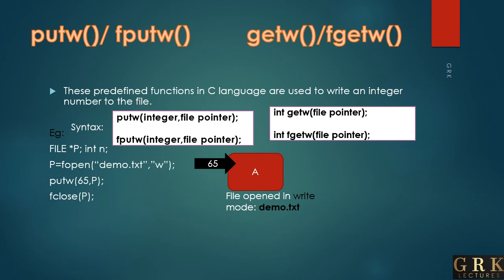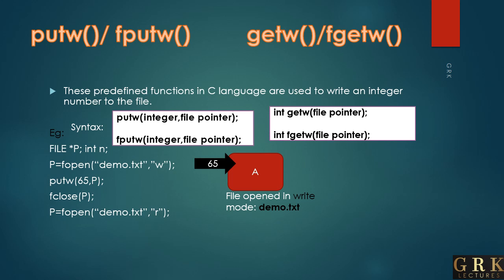The capital A ASCII value is 65, so that 65 will be converted into capital A, and capital A will be stored in the file. So after creating a file and writing some integers using the putw function, if you open the file you cannot find those numbers, but their equivalent ASCII values can be found in the file.